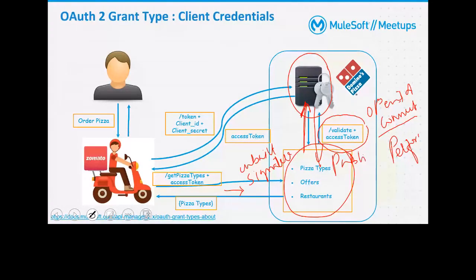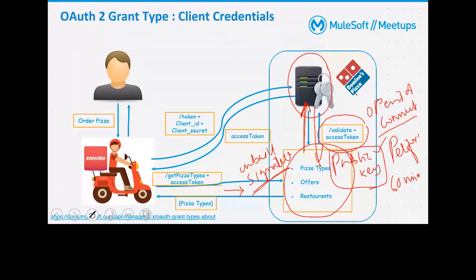The authorization server will give me a public key. I can store this public key for some time. In other words, we say cache it. So let's say for 60 minutes I cache it. For 60 minutes, this signature will be decrypted by this public key.